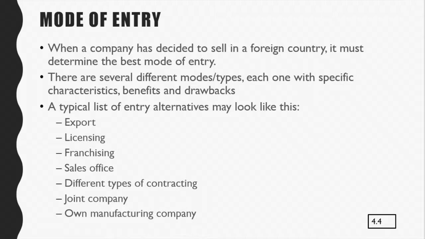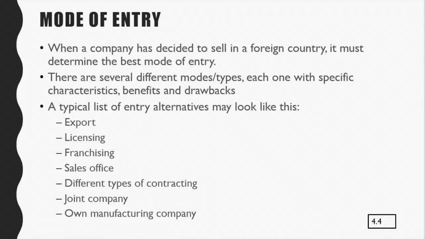If you look at books about this subject, then you can find many different lists on typical entry alternatives. This is one list that I have made here with the different export models in the beginning, then licensing, franchising, sales office.